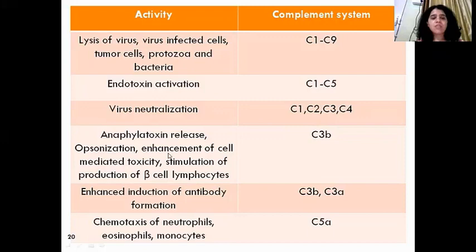C3b is responsible for anaphylatoxin release, opsonization, enhancement of cell-mediated toxicity, and stimulation of production of B lymphocytes. C3a and C3b are responsible for enhanced induction of antibody formation, so antibody formation is improved. And C5a is responsible for chemotaxis of neutrophils, eosinophils, and monocytes.